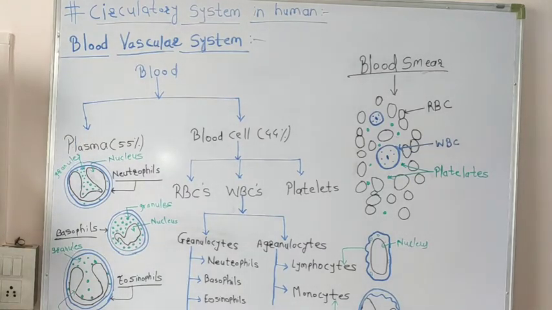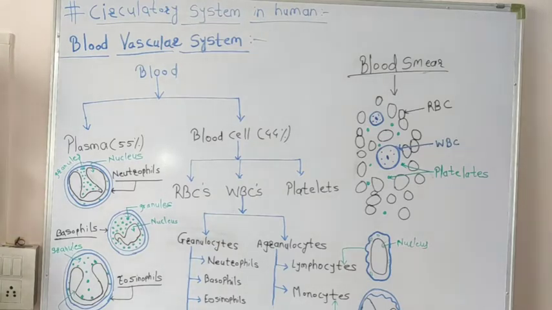Plasma consists of water, and the water ratio will be 90%, as well as proteins, only 7 to 8%, as well as inorganic salt present in the plasma, about 1%, and some other components also present in the plasma, which will be also 1 or 2%. So that's all for the plasma.